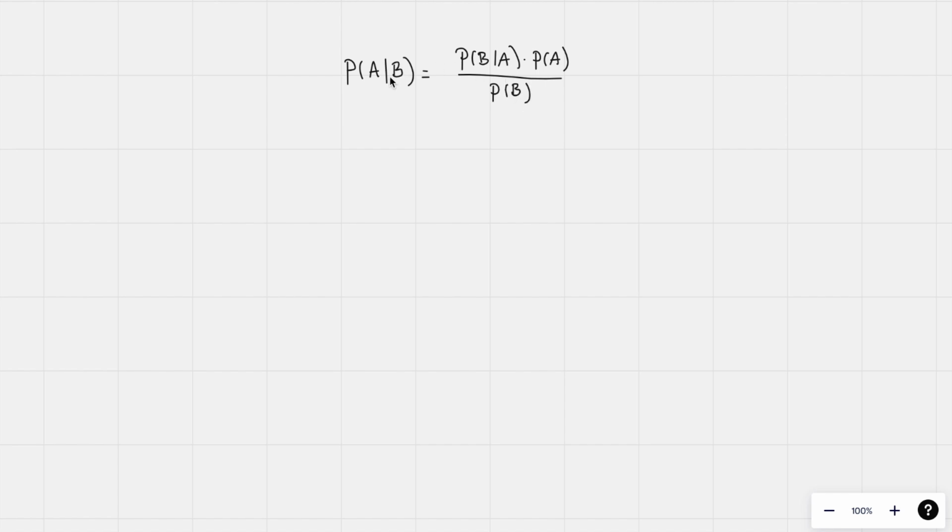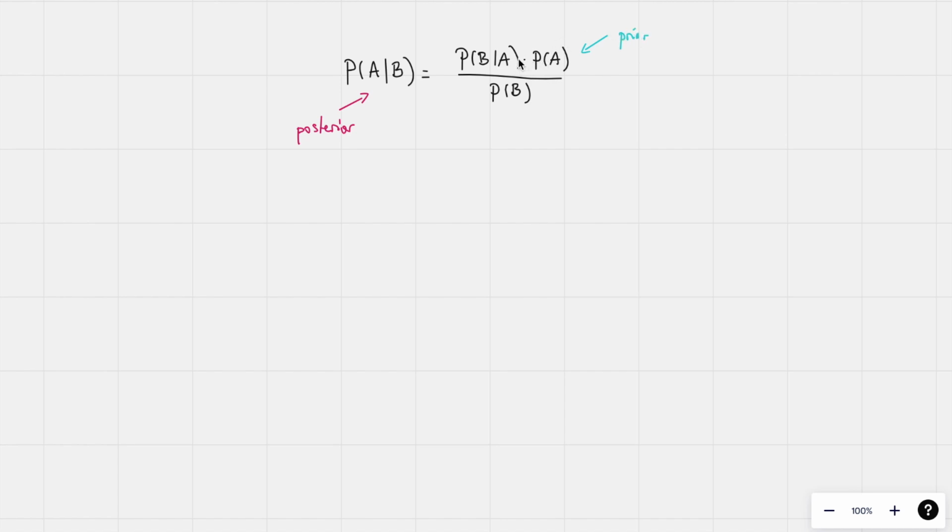So A and B are two events here, and what is interesting in this formula is that the positions of A and B on the left-hand side and on the right-hand side have been swapped. The left-hand side is called the posterior distribution, and on the right-hand side, that particular distribution is called the prior distribution.